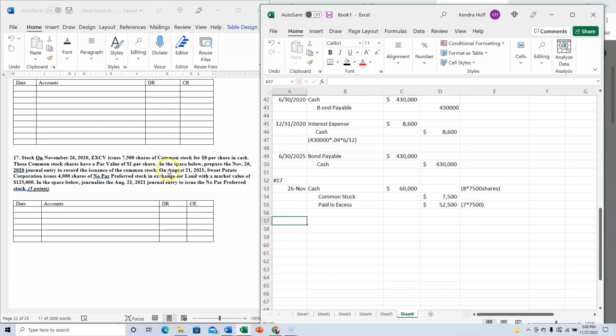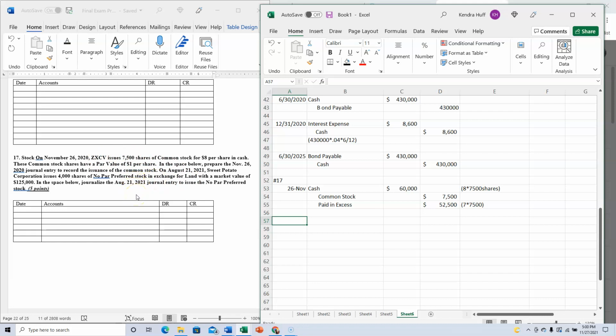All right, on August 21st of 2021, Sweet Potato Corporation issues 4,000 shares of no par preferred stock in exchange for land with a market value of $125,000. I don't know how we went from this one to Sweet Potato, but anyway. All right, so what's the journal entry for that?